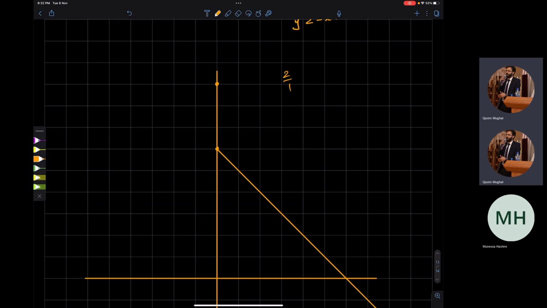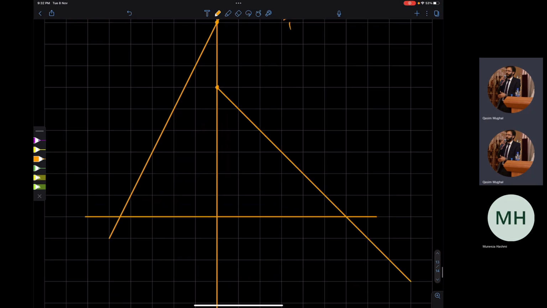From the y-intercept, 2 units rise and 1 unit run. This is how the line is going to be, like this.